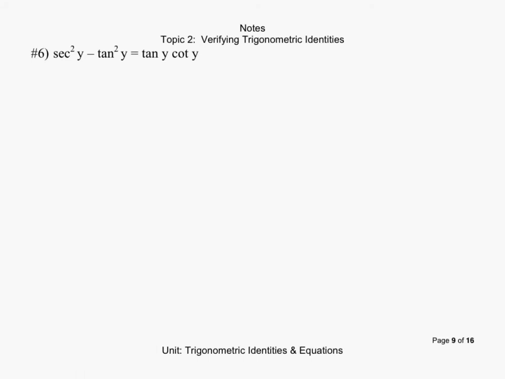Here's what I would do for this one. I would change secant squared of y to tangent squared of y plus 1. Do y'all see that identity? It's one of the Pythagorean identities. Then on the left, your tangent squared of y's cancel. So the left side is just 1.